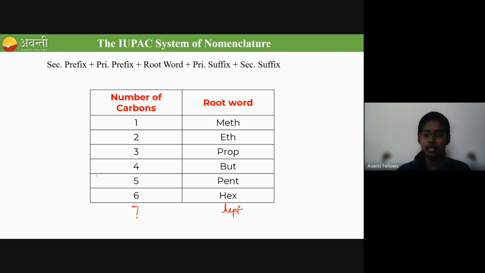If I have 8, it is called oct. If I have 9, then it is non. If I have 10 carbons, then it is called dec. So these are the very important and common root words we will be using throughout our organic chemistry in the nomenclature part.